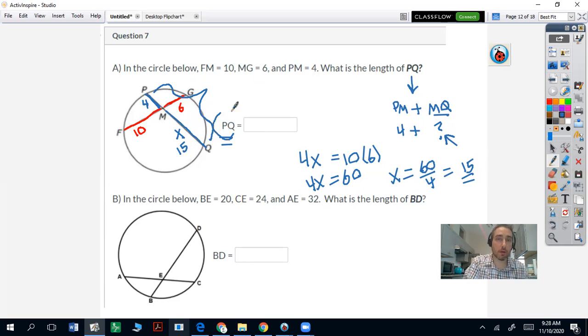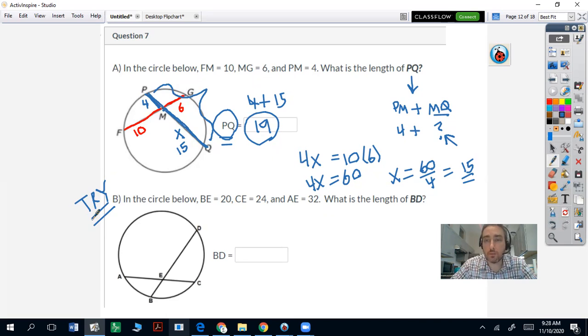But PQ overall is going to be 4 plus 15. So that's actually going to be 19, not 15. So PQ is the overall chord length, not just a section of that chord. All right, try letter B, check it with your teacher. Similar setup. And move on to number 8.